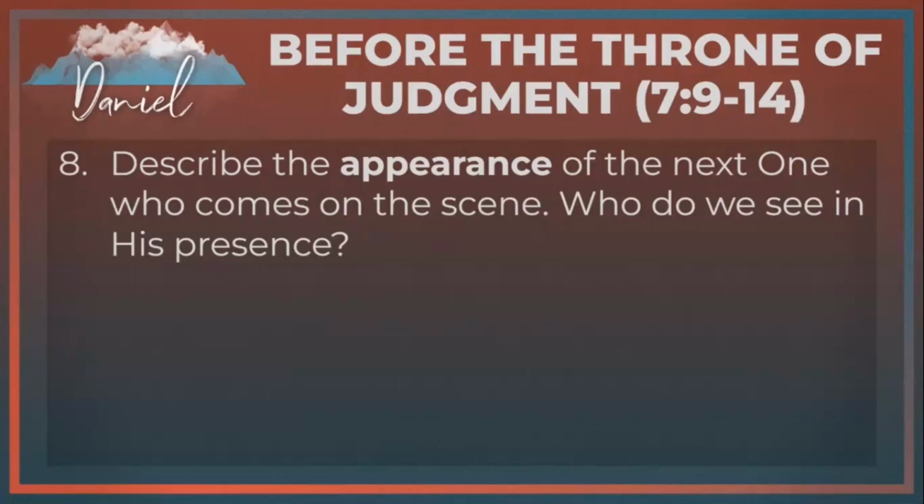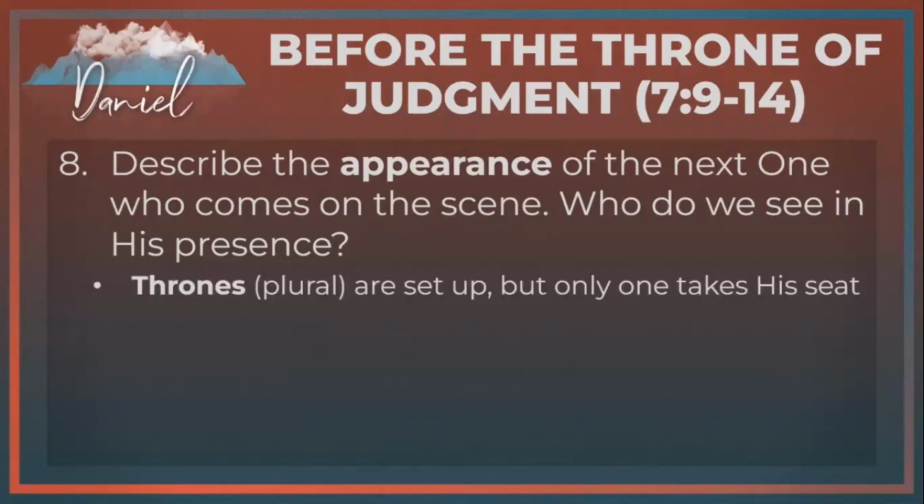What's up with the appearance of the next one who comes onto the scene here? Well, Norma already talked about it, the Ancient of Days. White hair. What does that seem to symbolize? Indicating age. Okay, so, been there a long time. Yes, and that makes sense because of the title, Ancient of Days.